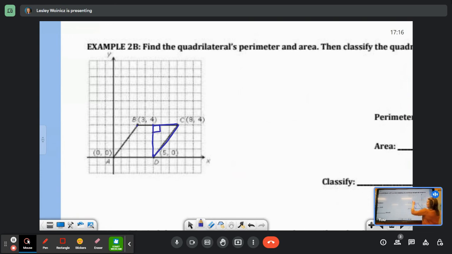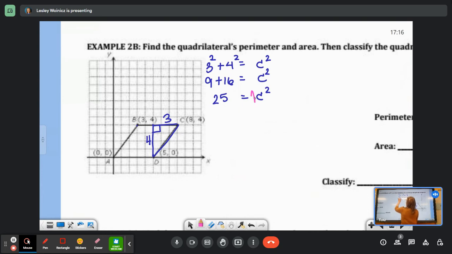This triangle has one leg of 3 and one leg of 4, so we're going to use our Pythagorean theorem. 3 squared plus 4 squared equals c squared. 3 squared is 9, 4 squared is 16, and 9 and 16 are 25.